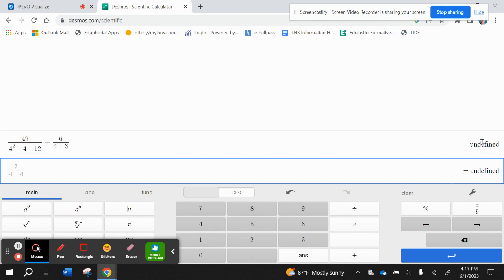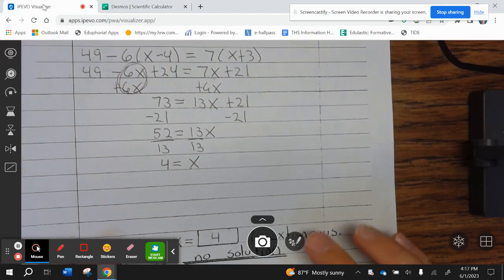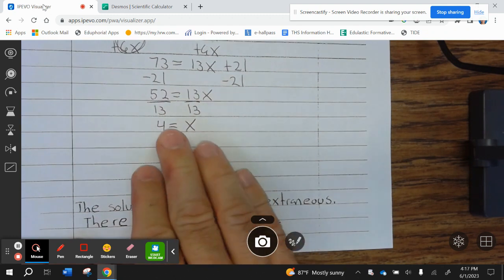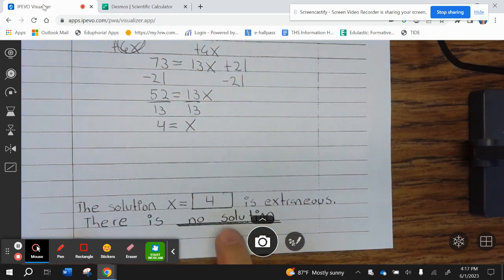Now, the left side equals the right side, but the problem is it's undefined. So that's what we call an extraneous solution. It's a solution that works out algebraically. There's nothing wrong with this, but when you plug it back in, it's not a valid solution, okay?